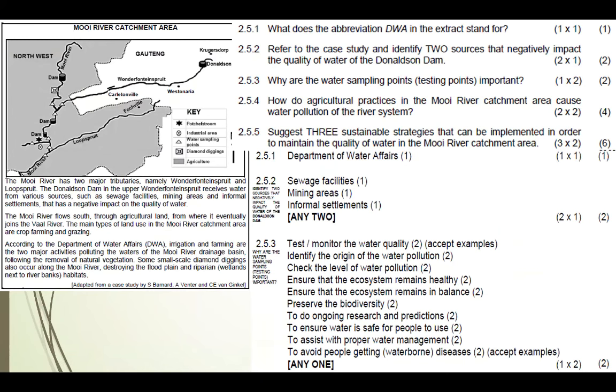This question usually comes in a case study or in an infographic. What is important is that you must know the strategies. Suggest 3 sustainable strategies that can be used. Most of the common answers will be the strategies.